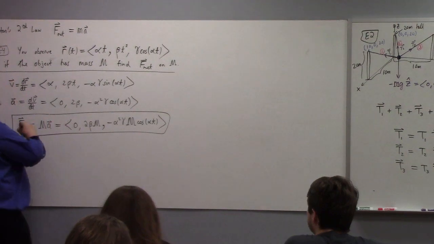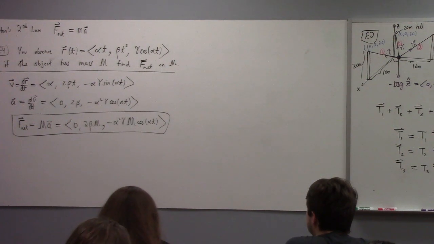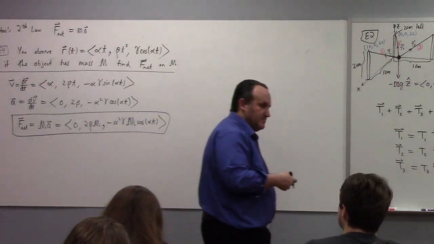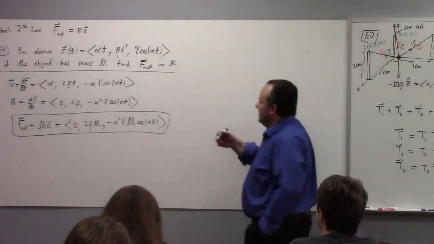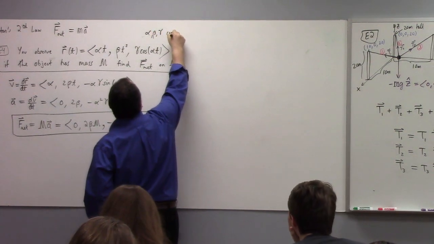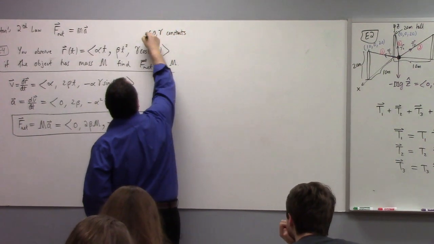That's all you do. So this is an easy problem. If I give you a position and ask you to find the net force, it's not hard. Alpha, beta, and gamma are just constants. I said that, I didn't write it, but you know, constants.